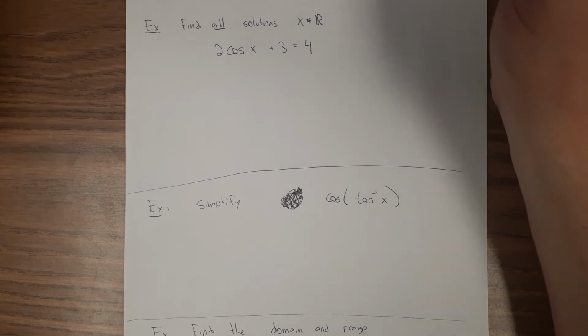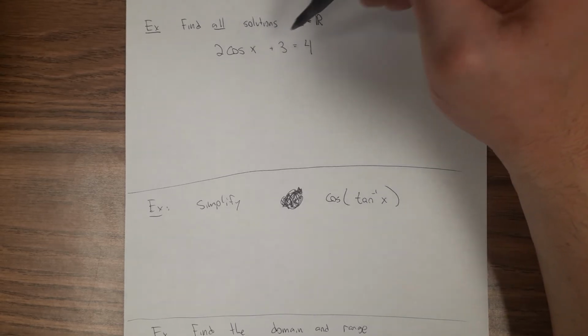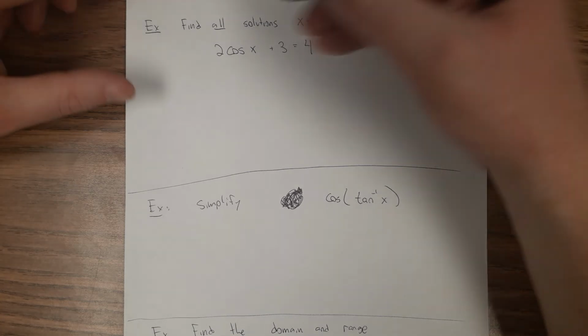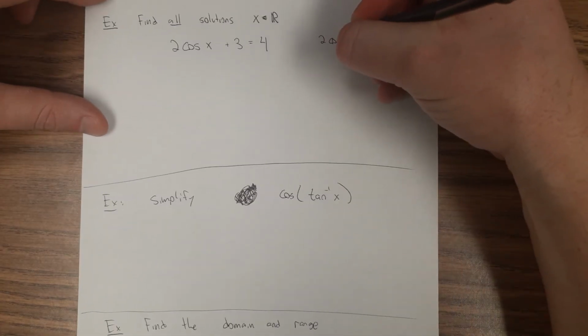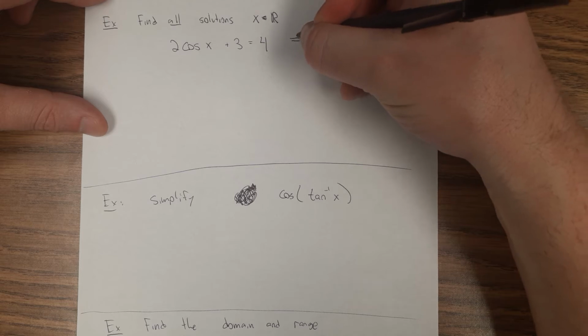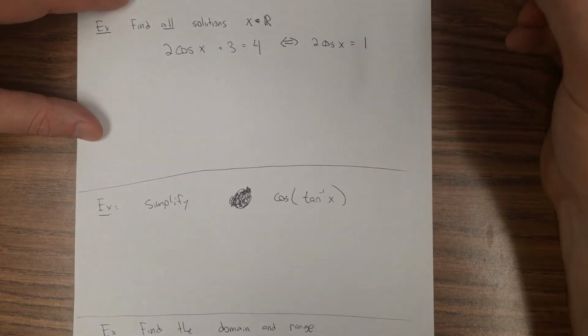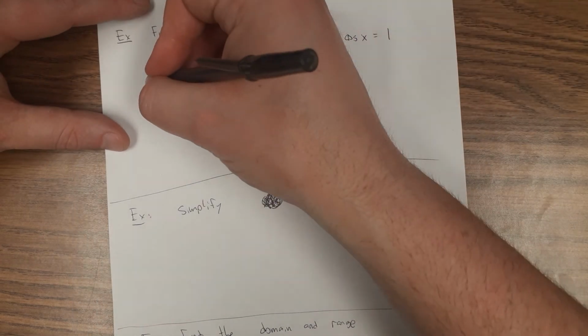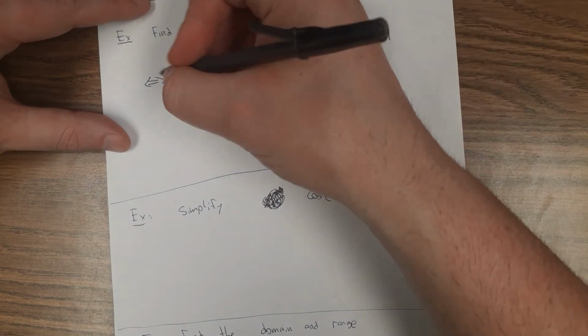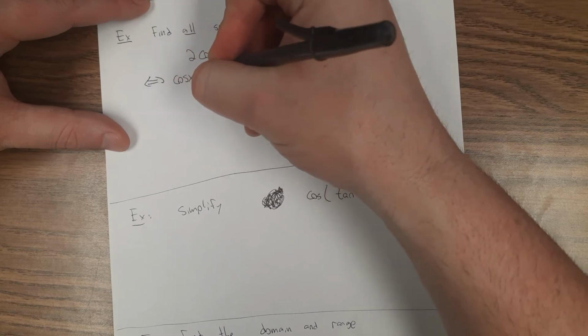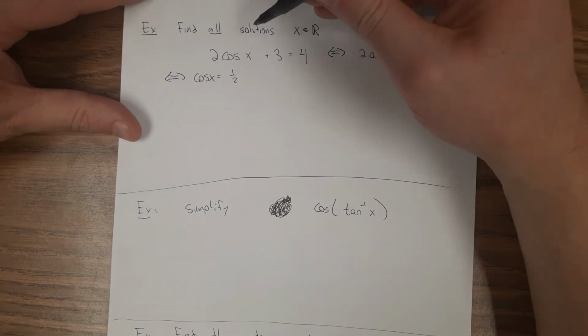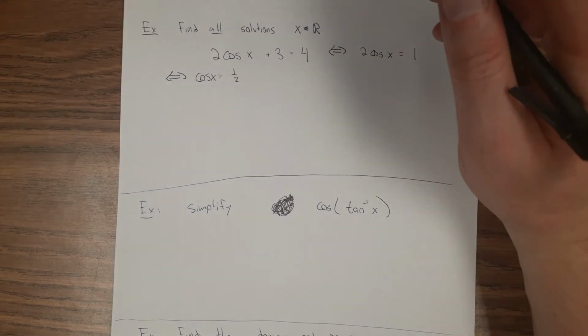We just want to get that by itself. So I'm going to subtract the 3, and then I'll get a 1. I'll multiply by a half. And now I'm down to cosine x equals a half.